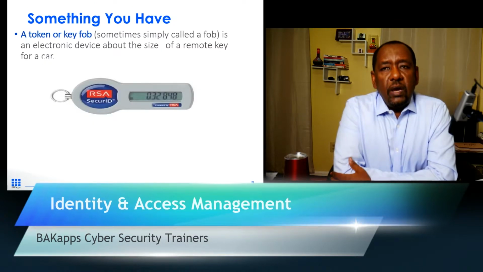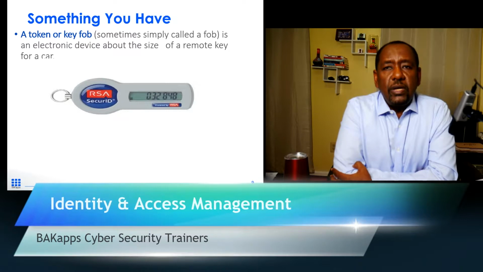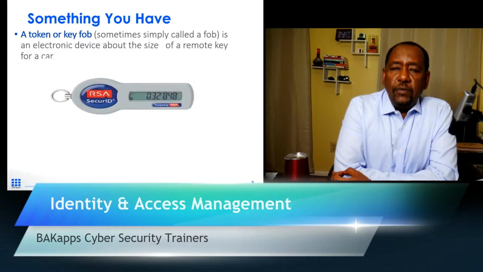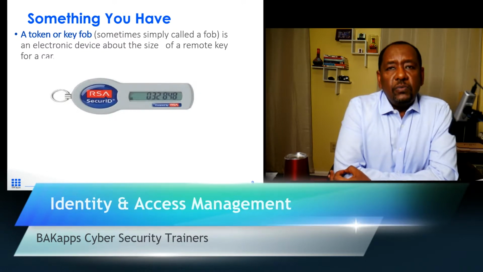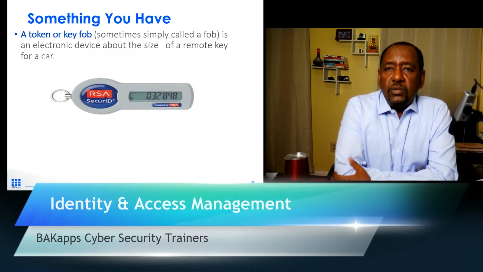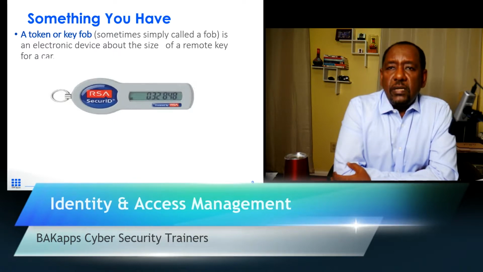Additionally, as part of something you have, sometimes we carry what they call a token or a key fob. A few years ago, this was very popular. A company called RSA SecurID was predominantly offering those cards as a way of authentication. There is an LCD display, and on it you see a number.